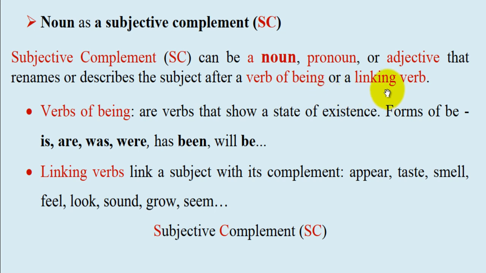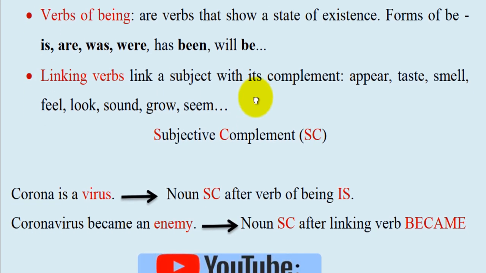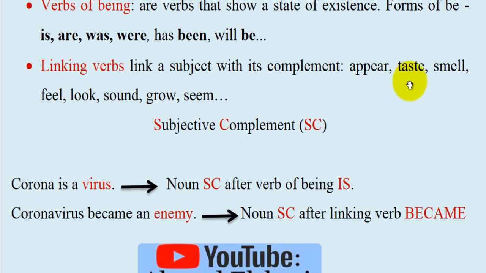Just to remind you, verbs of being are verbs that show a state of existence, forms of to be. For example, is, are, was, were, has been, will be, etc. Linking verbs link a subject with its complement, such as appear, taste, smell, feel, look, sound, grow, seem, etc.